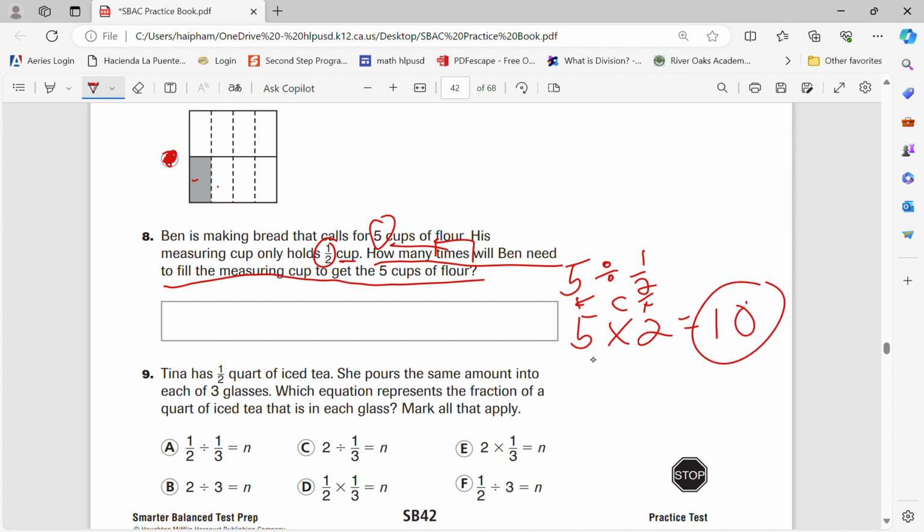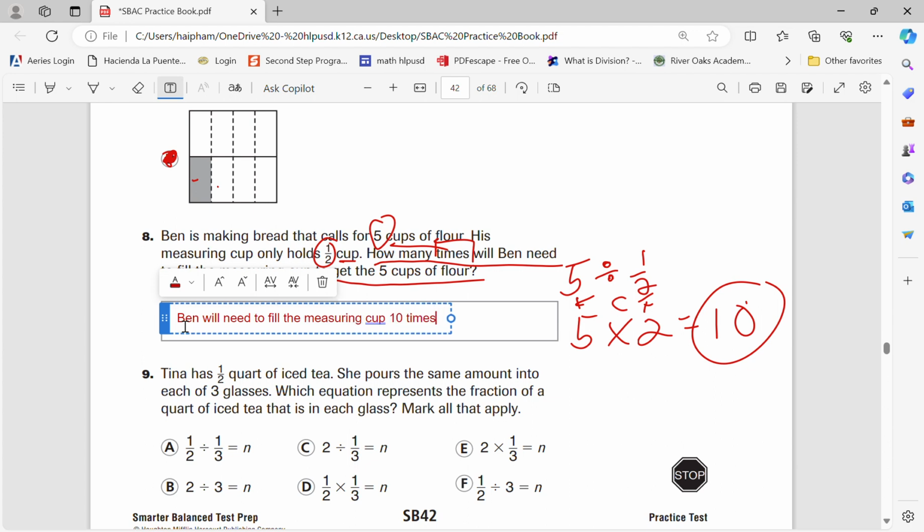That should give you 10. So let's type that in. Ben will need to fill the measuring cup 10 times.